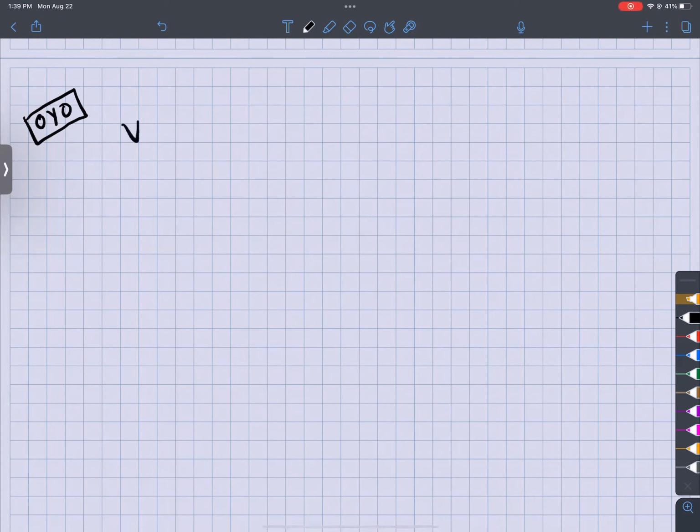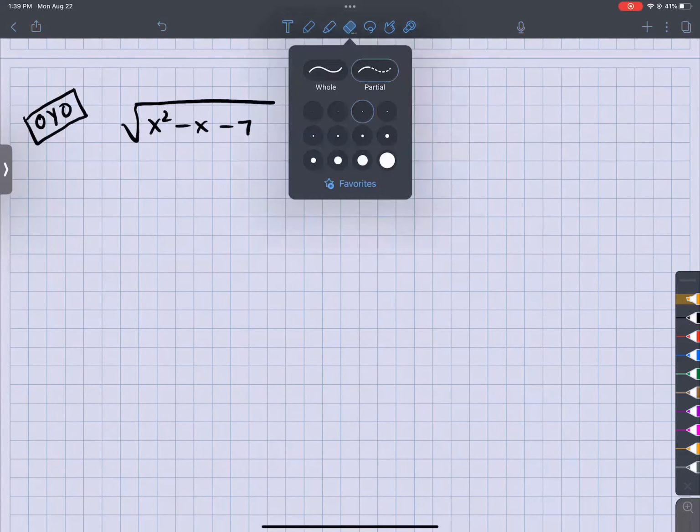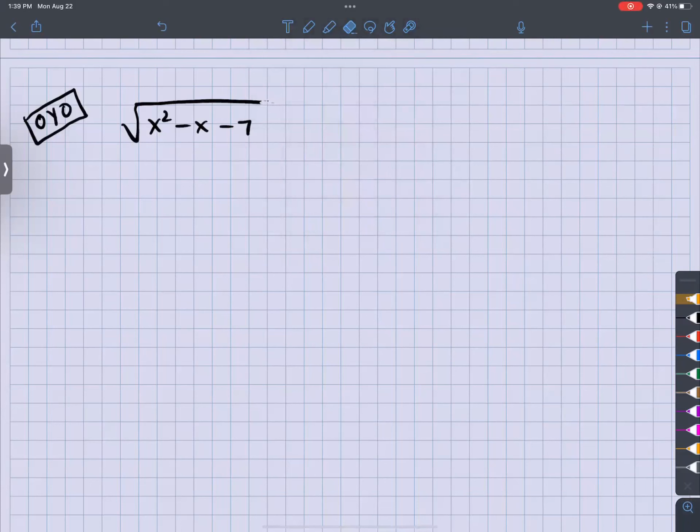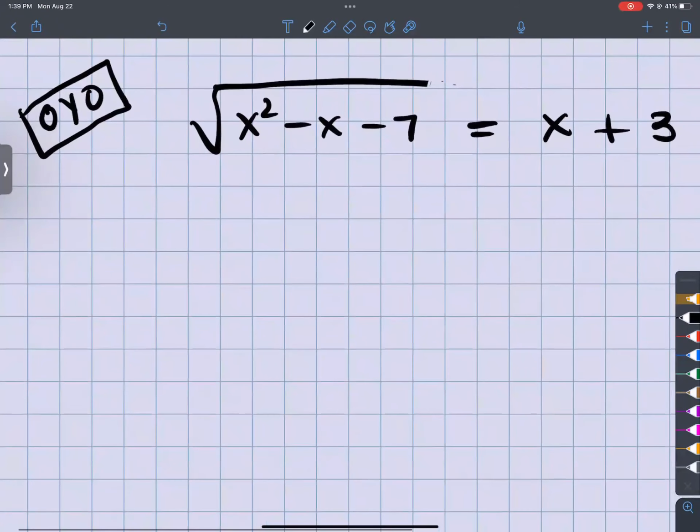Maybe this is how we end the day. Square root of x squared minus x minus 7 is equal to x plus 3. In case the ones in the back can't see it, there you guys go. Now you guys can. Good luck.